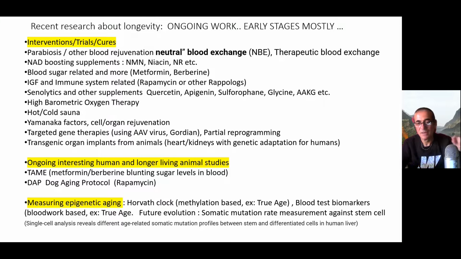So you can compare a stem cell and an organ and understand how much mutation happened through your life duration. And so these are new ways to measure aging that may end up helping qualify that you're making a certain experiment or lifestyle change or certain operation. You want to measure things before and after, and these are the interesting new metrics to track.